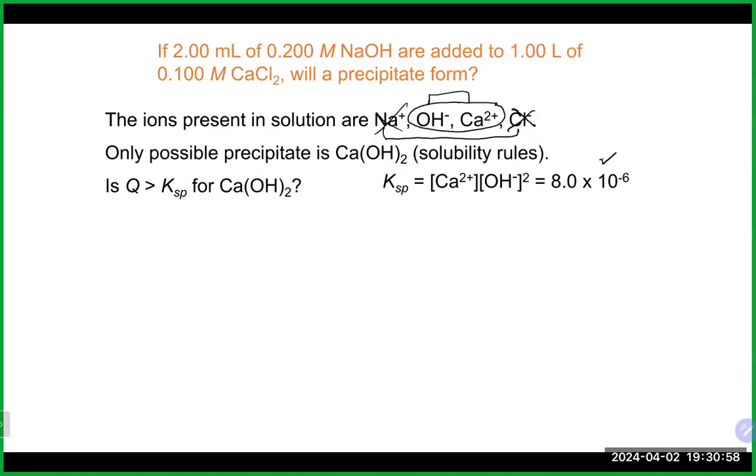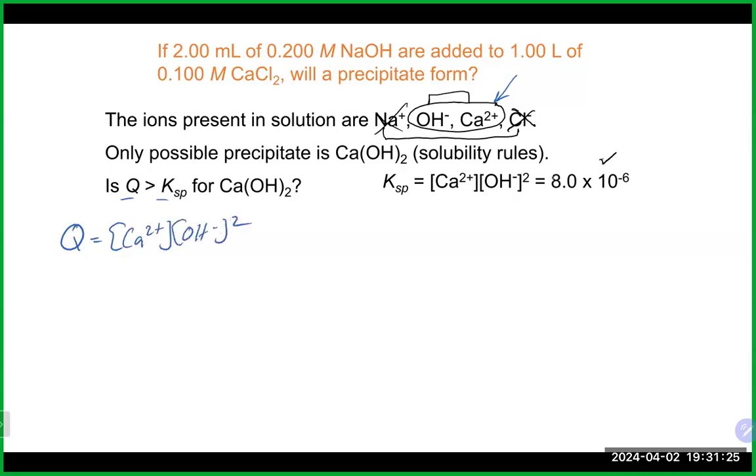Okay, so let's take a look. So in this case, we do want to compare the Q to the KSP to see if we would expect a precipitate to form. Solubility rules tell us that when these two guys come together, we should expect a precipitate to form. So really here, we want to think about our Q, and our Q in this case is going to be the concentration of calcium and the concentration of hydroxide.